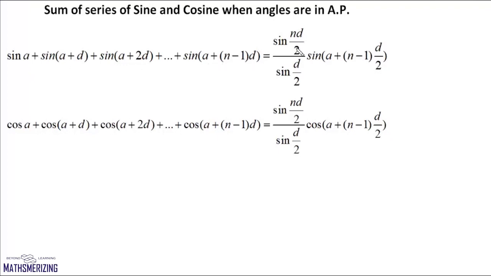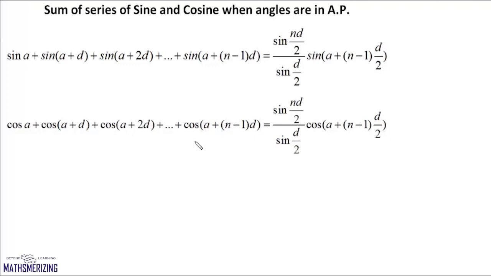It is sin(nd/2) upon sin(d/2) into sin(A plus (n minus 1)d/2). And in the case of cos A plus cos (A plus d) plus cos (A plus 2d) up to cos (A plus (n minus 1)d), it is sin(nd/2) upon sin(d/2) into cos(A plus (n minus 1)d/2).